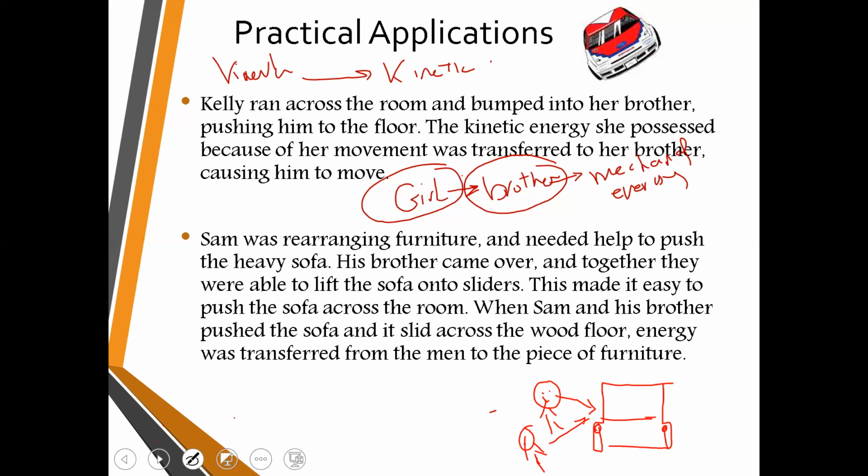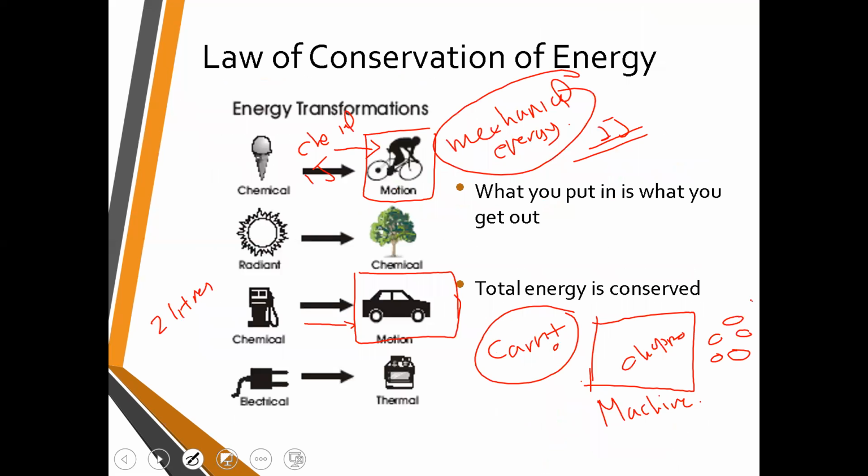When you have more energy, it leads the sofa to move. So they put kinetic energy into the system of the sofa, and since it starts moving, we have kinetic energy that goes outside.